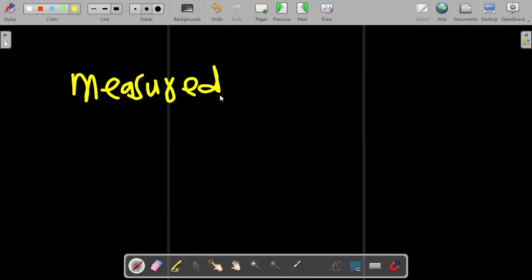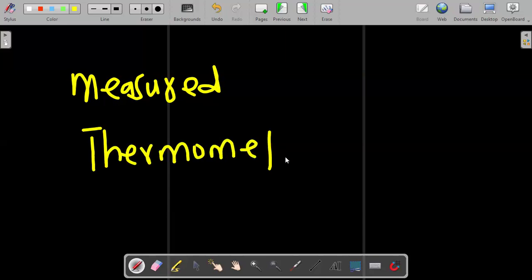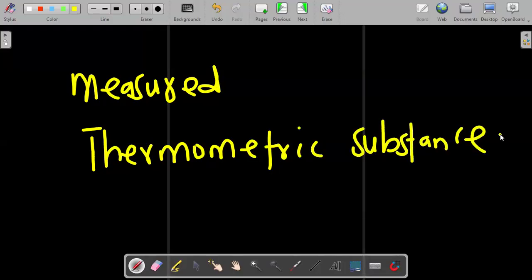The thing inside the thermometer that looks like liquid, we call it the thermometric substance.